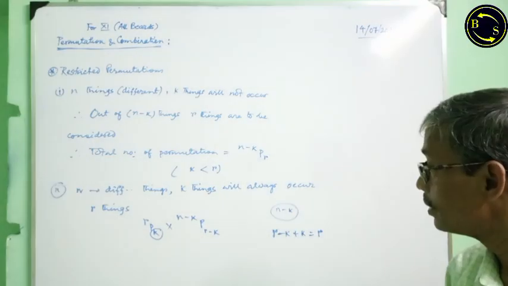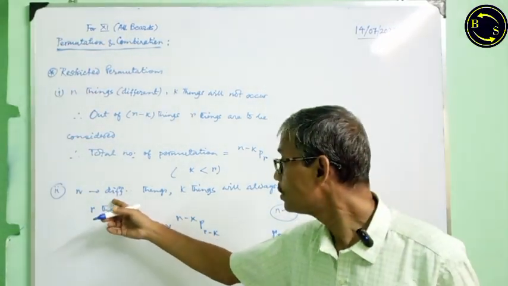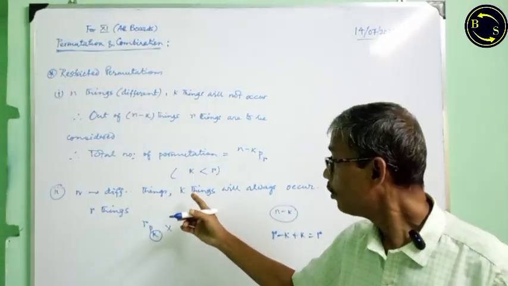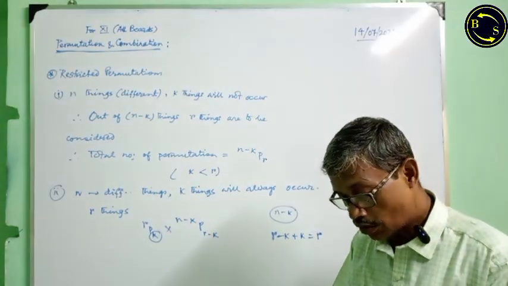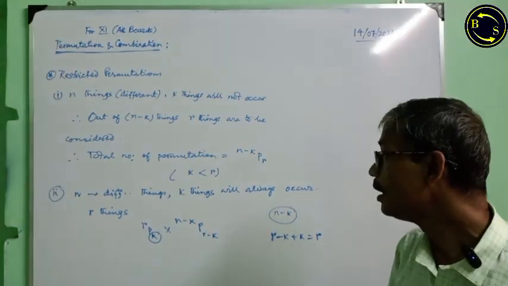Try to understand, n different things are there, and of which k things will always occur.